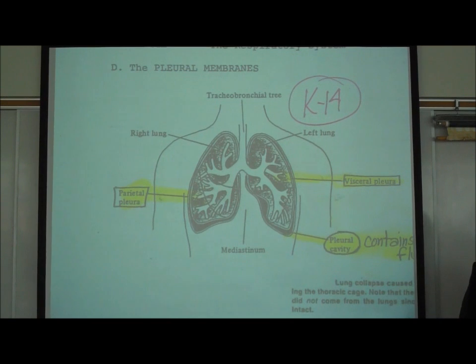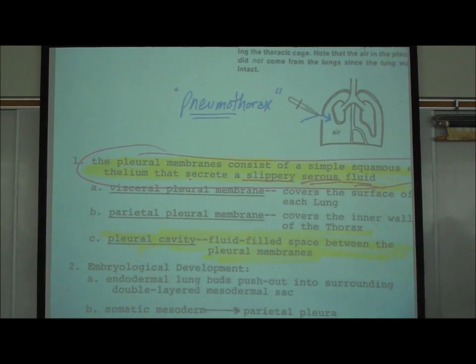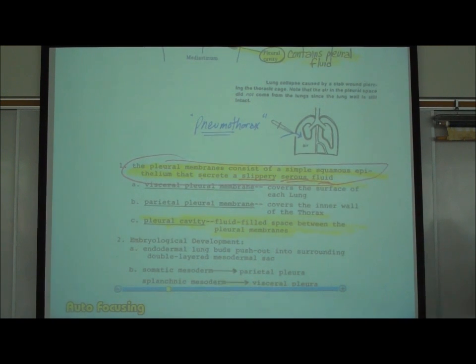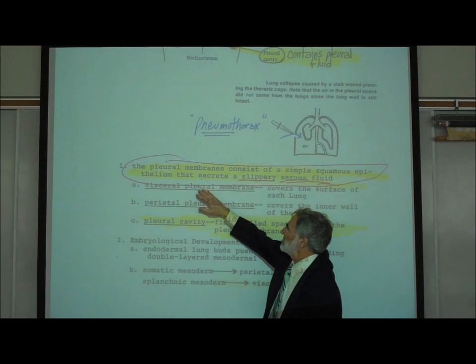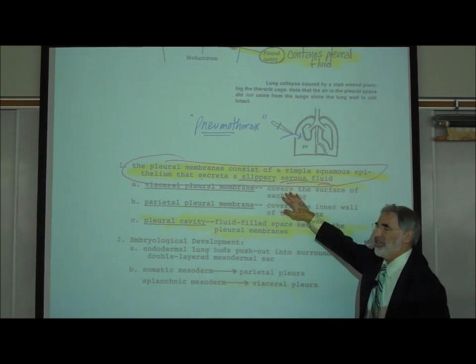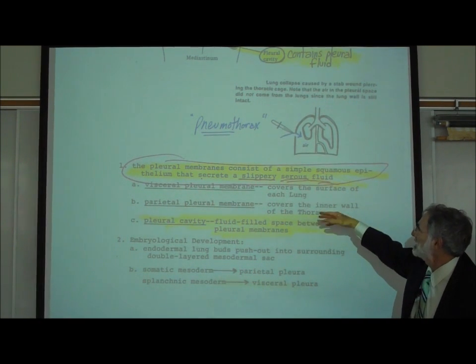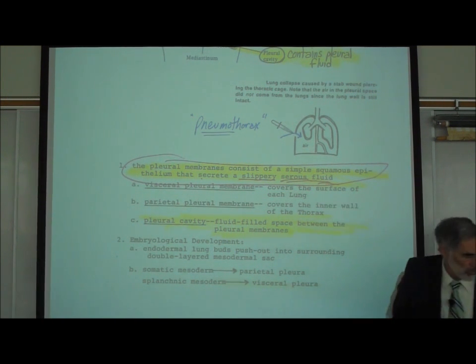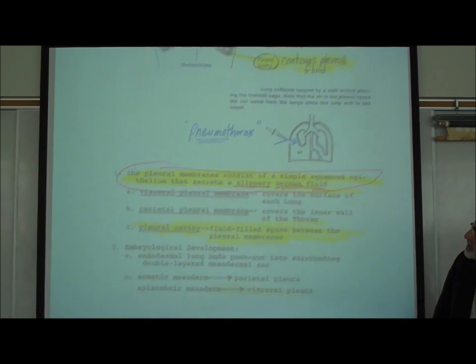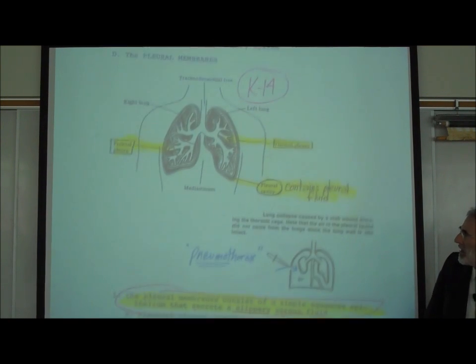These pleural membranes are commonly called serous membranes. And as we wrote in the middle of page K14, they are made up of simple squamous epithelium that secretes a slippery serous fluid, and these two membranes secrete this fluid into the space between the membranes.